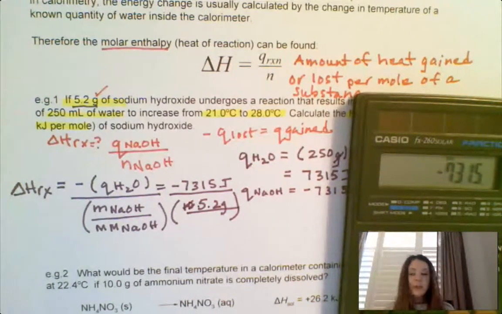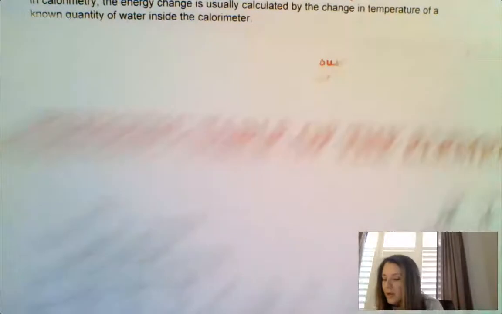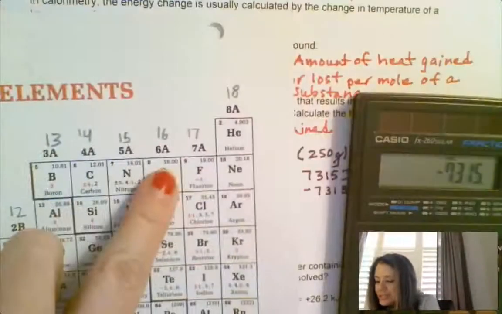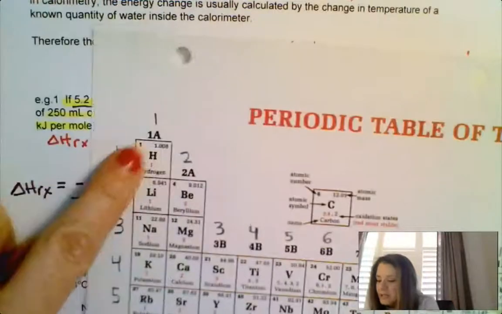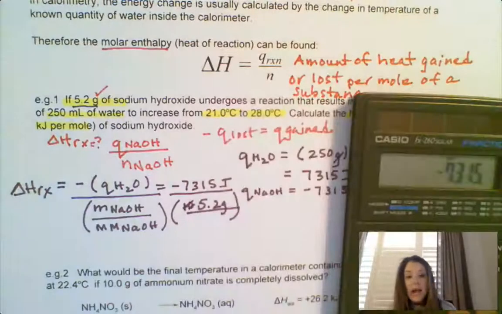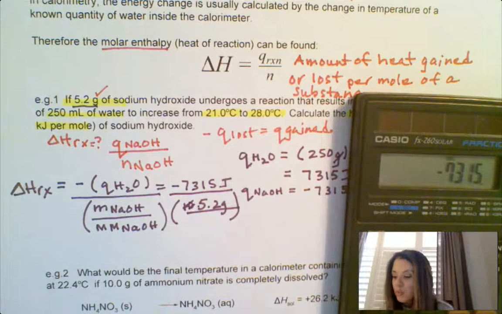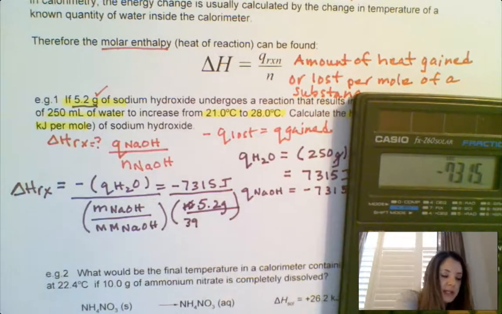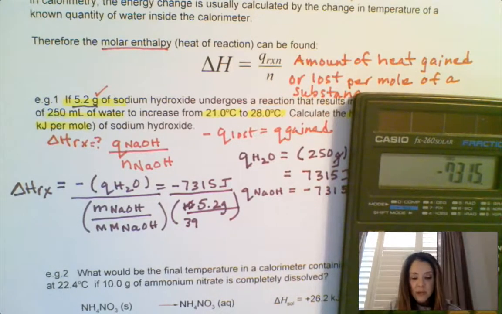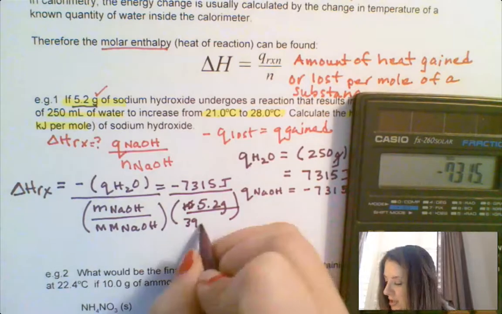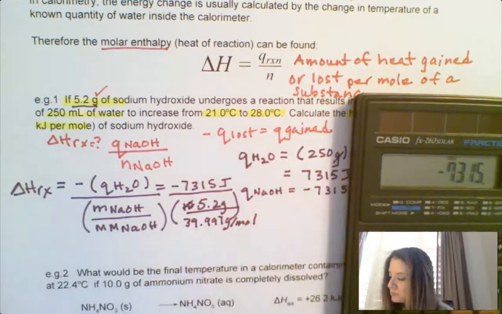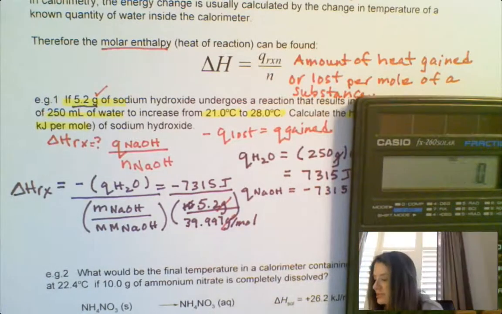What you would do on your periodic table is say, okay, 1 sodium, 22.99, plus 1 oxygen is 16, plus 1 hydrogen, 1.008. You add those together, and that would give you your total molar mass of sodium hydroxide. I got a little lazy and I just looked it up on the internet. You can do the same as well, but if you need more practice, then you can certainly do that. So 39.997 grams per mole. Now I'm going to enter this on my calculator.